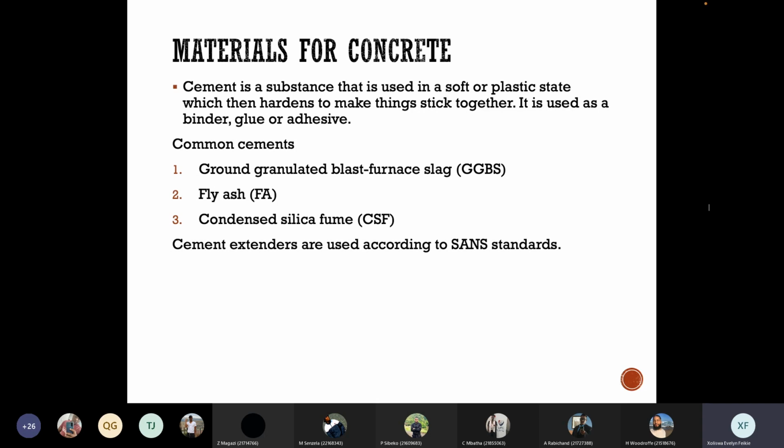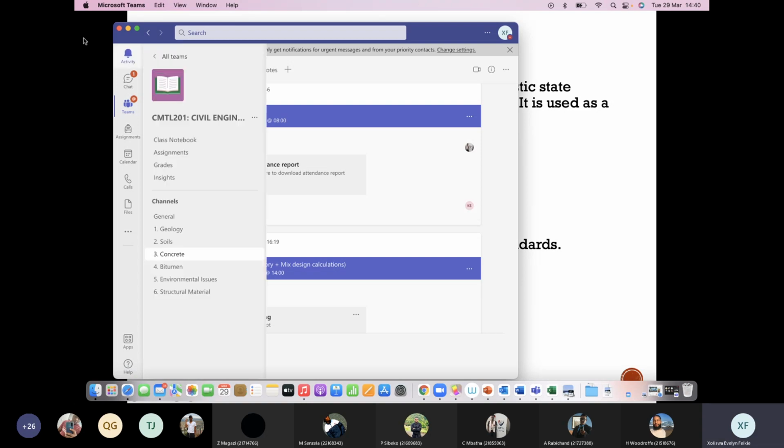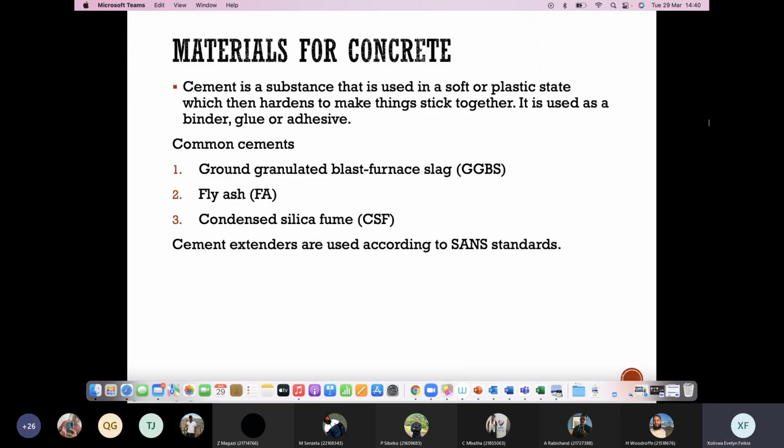It means that it's not like you'll use the same material or the same cement that you will normally use when you're building a house, because those conditions are totally different. So that's one thing that you need to note and remember, that the extenders may be used to slow or modify the concrete that you are trying to produce, depending on what it is that you want to achieve.